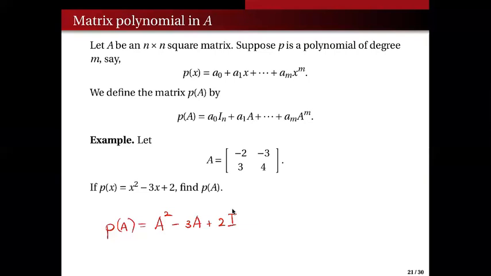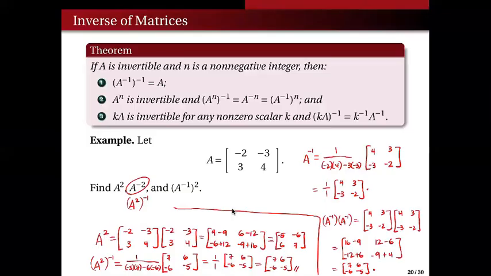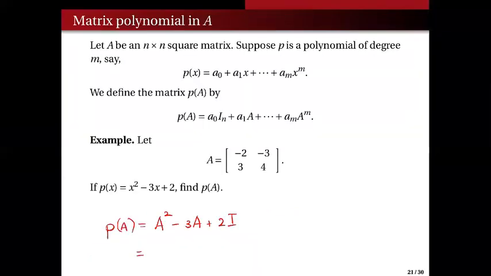So if we have this, what is your A squared? Let us look at the previous slide. This is our A squared: negative 5, negative 6, 6, 7.